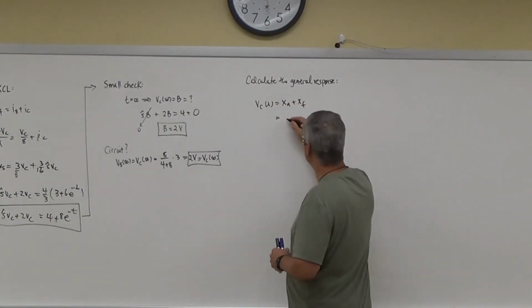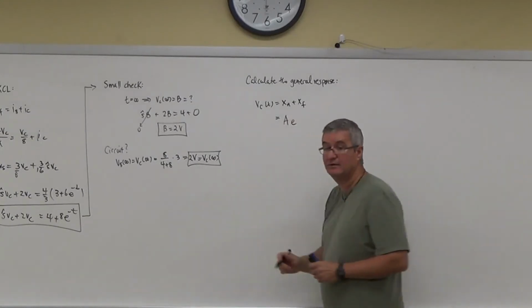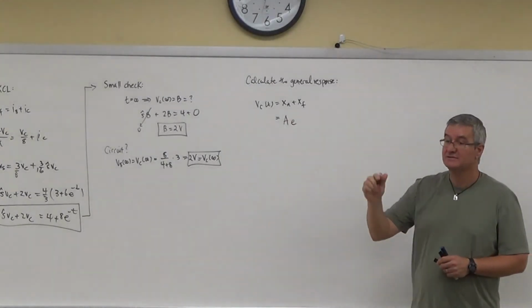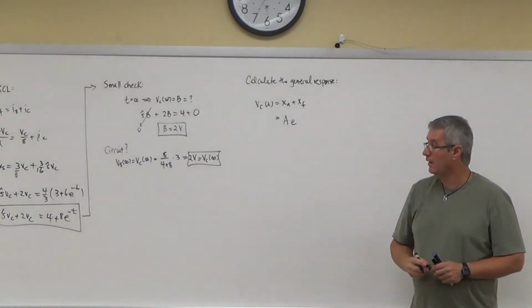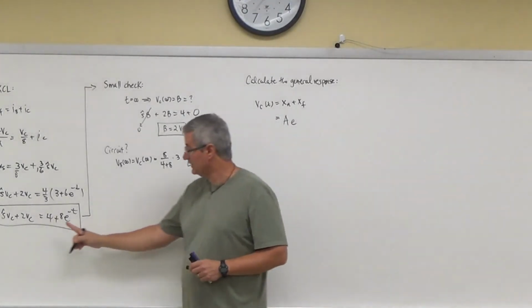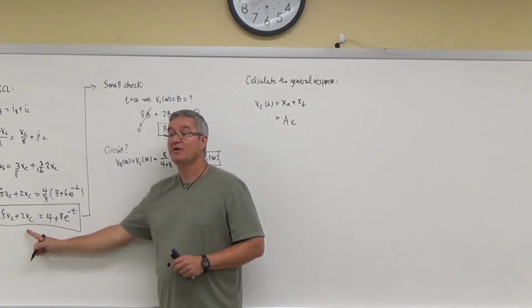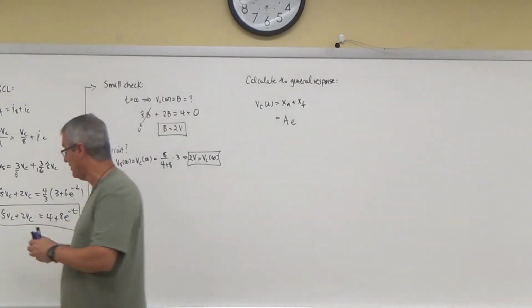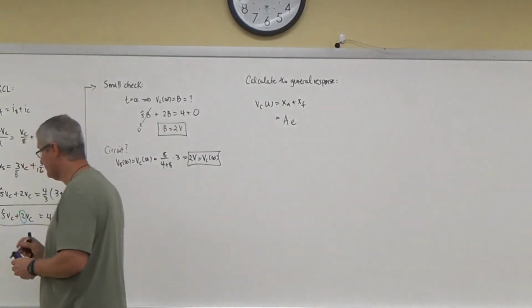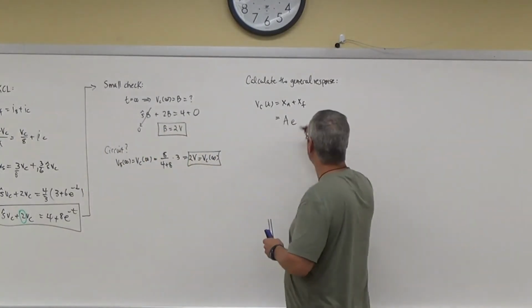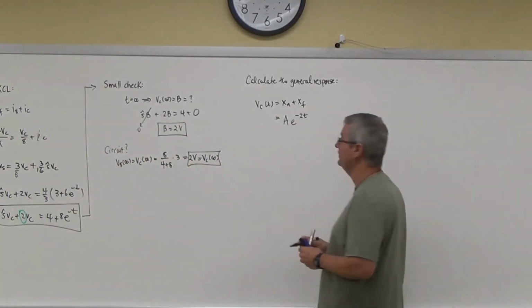So the natural response should be what? A e to the minus t over tau. I look at my equation and I say, what is 1 over tau? I just pick it off. It's this guy right here. So then I write minus 2t. There's my natural response.